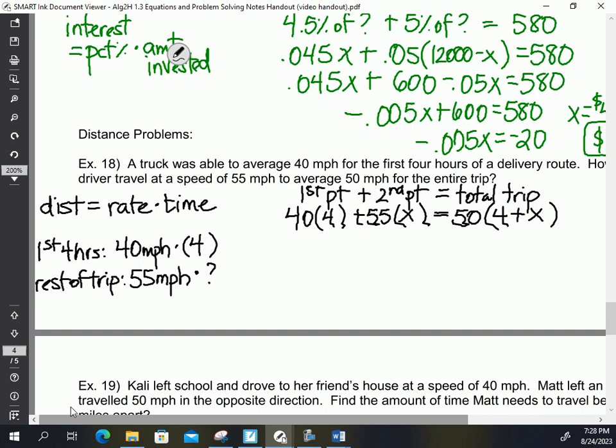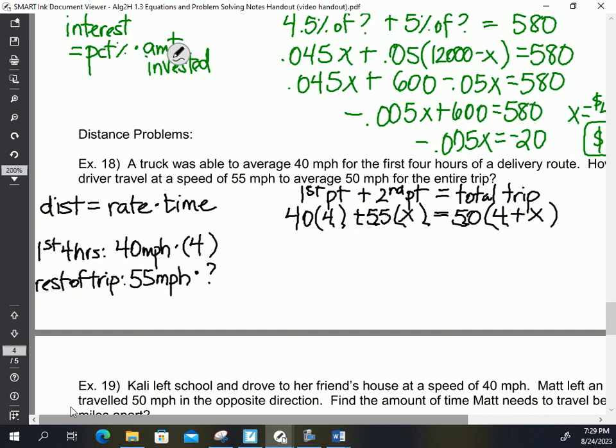Key thing to keep in mind: the total amount of time is the first trip and the second trip put together. It's 4 plus x, not 4 times x. So be careful with that.